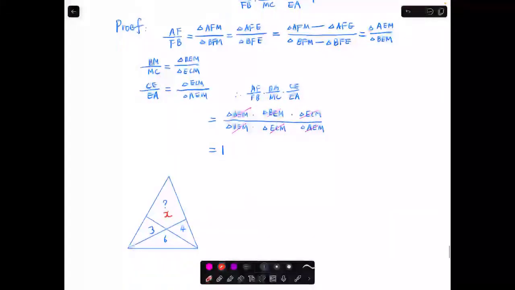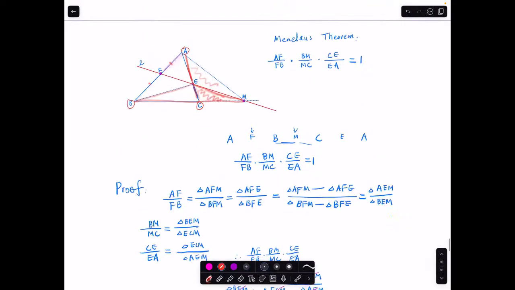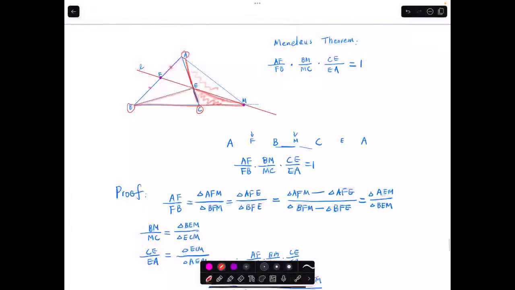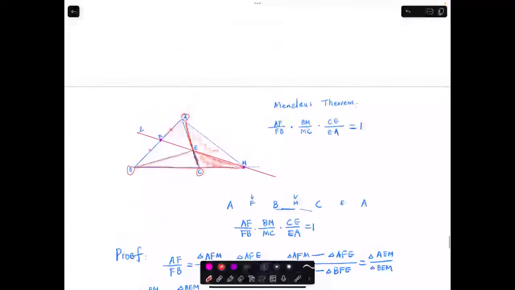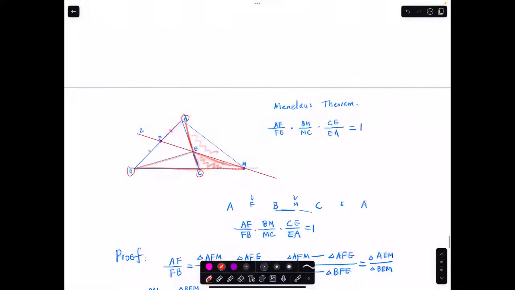Menelaus Theorem. Now you may wonder, where is the triangle? Where is the line that we cut, right? Because remember, for this original theorem here, where is my original diagram? So usually what you want to have is a triangle, right?